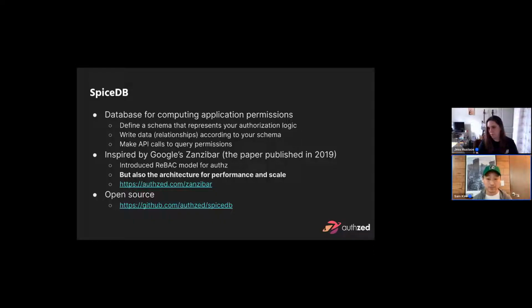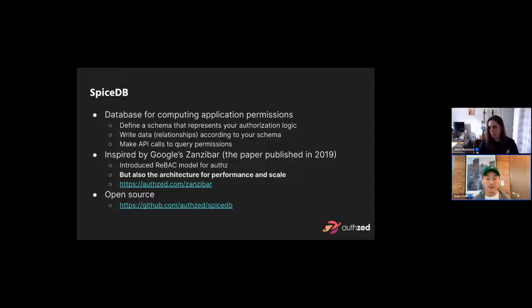SpiceDB itself was inspired by Google's Zanzibar, and there was a paper published in 2019. That paper actually not only introduced ReBAC as a model for authorization, but more importantly, in my opinion, it outlines the architecture for making that model perform and scale according to the requirements that Google has.